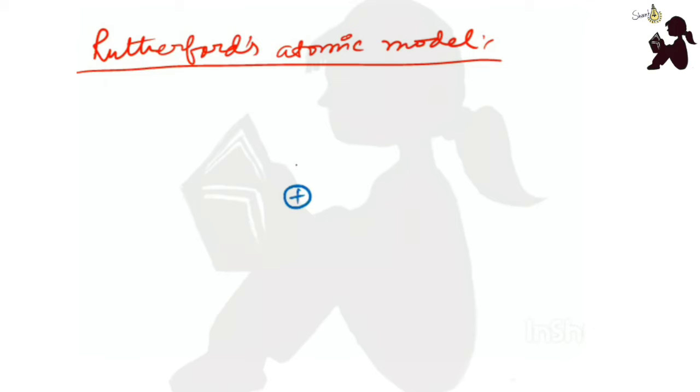What Rutherford said is that in every atom there is a positively charged central mass called the nucleus. Why is this nucleus positively charged? Because it has protons and neutrons. A proton has positive charge, neutron is neutral. So the result is a positively charged nucleus.